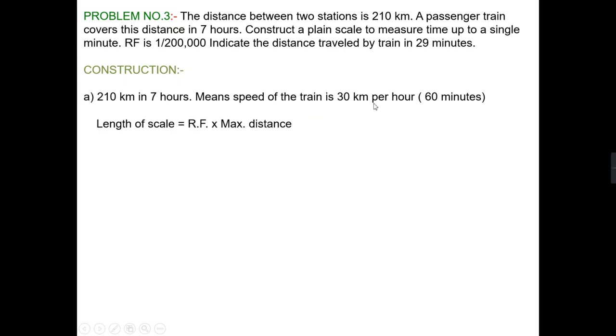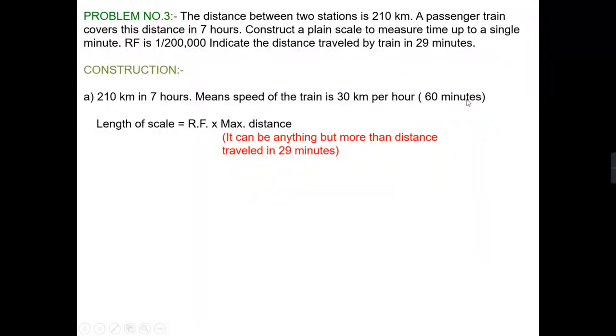Okay, so now I can calculate the length of the scale by multiplying the RF with the maximum distance, that is 30 kilometers. So the maximum distance we are taking here is 30 kilometers, but it can be anything that is more than the distance traveled in 29 minutes.